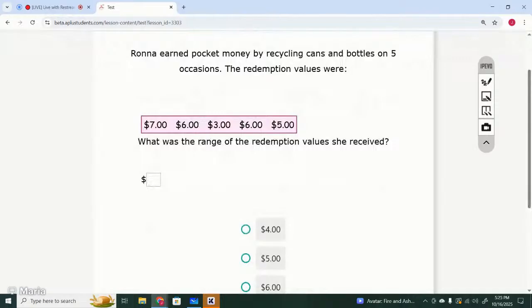Rona earned pocket money by 5 occasions. The redemption values were what was the range of the redemption values she received?